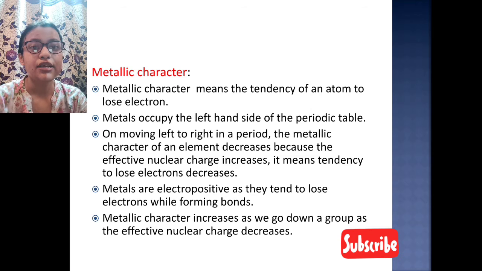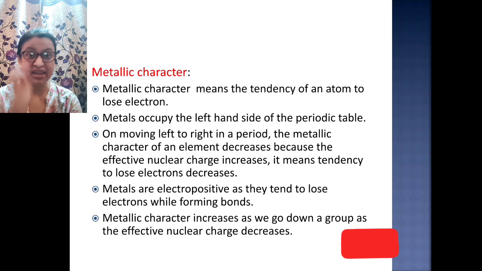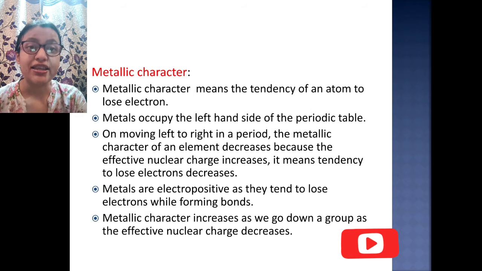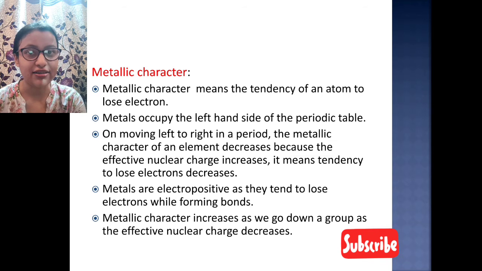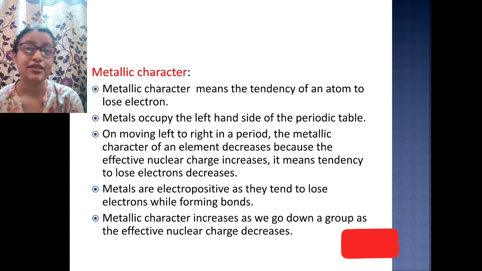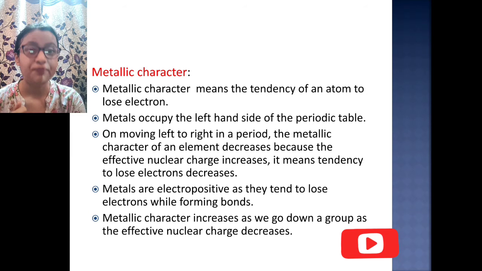Next is the metallic character. Metallic character is the tendency of an atom to lose electrons. Always remember that metals occupy the left hand side of the periodic table, and metals are always electropositive.